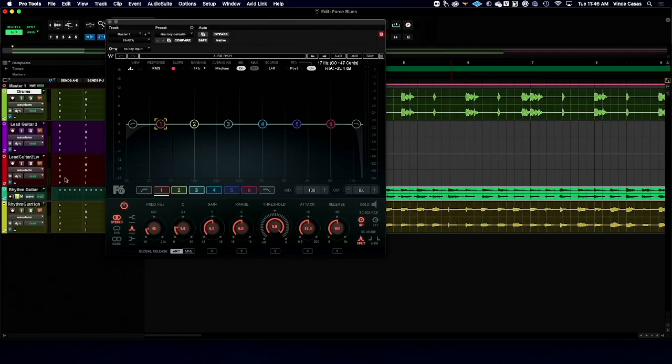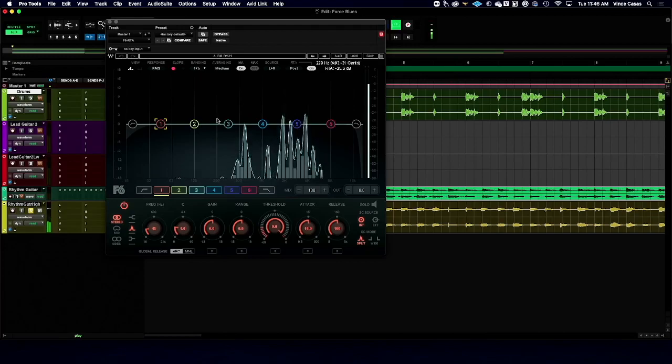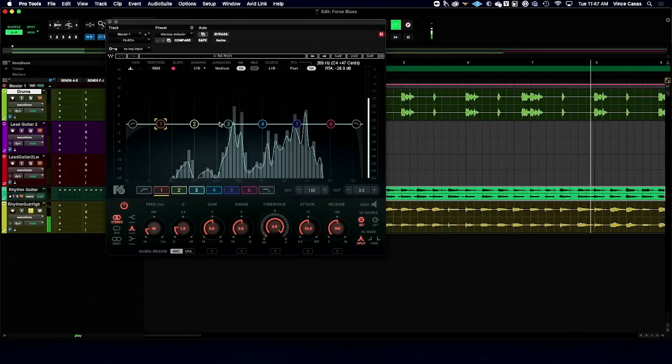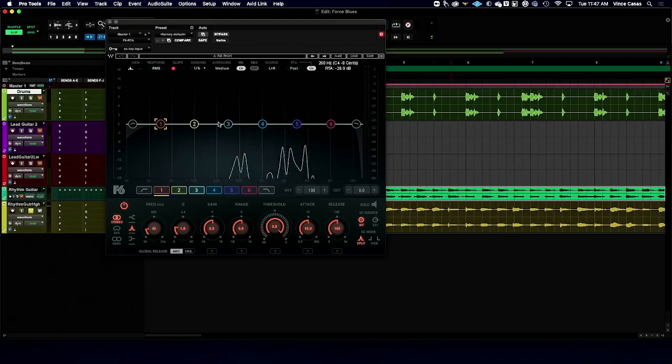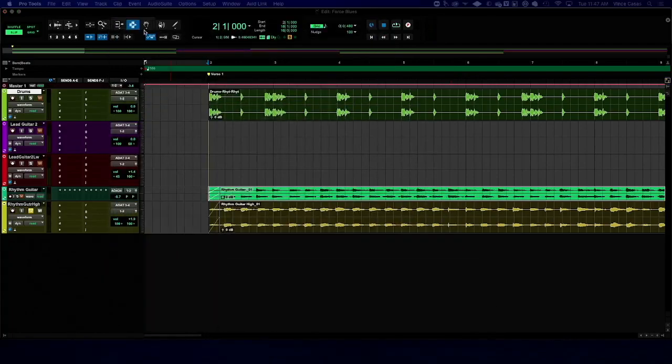And let's go to the high one on the right side. Fantastic. Let's go to one more guitar part and then take a look at that.